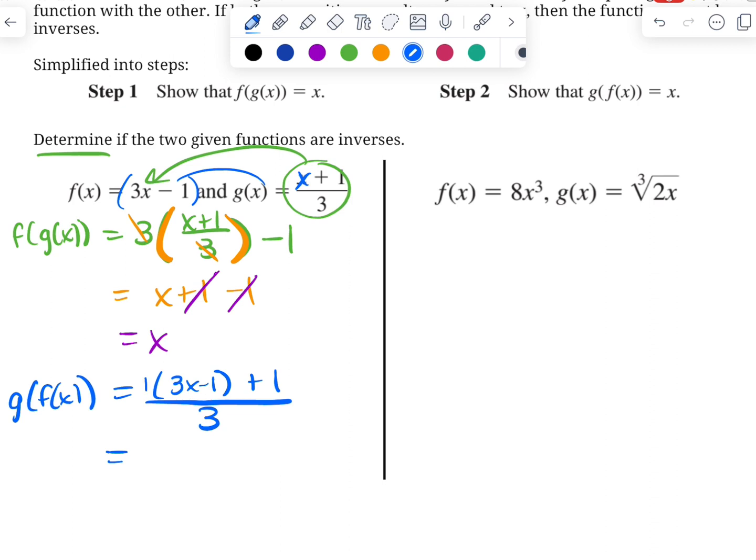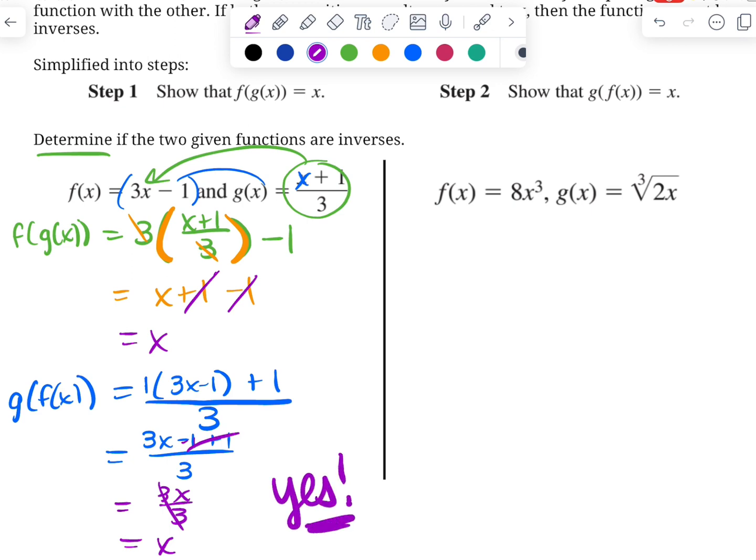There's nothing other than a 1 in front of those parentheses, so I can just drop the parentheses. Negative 1 plus 1 is just 0, so I really just have 3x divided by 3. 3 divided by 3 is 1, so I really just get x. So yes, these two functions are inverses because when I substitute one into the other and vice versa, I get x both times.